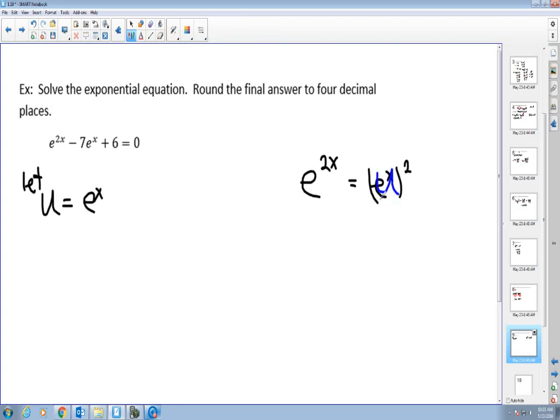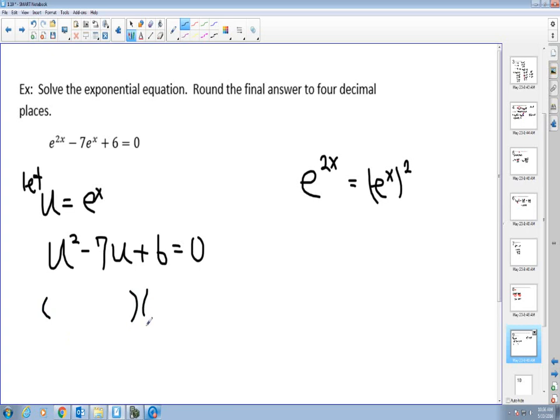So that gives me u squared. So this first term becomes u squared minus 7 times u plus 6. So now the equation I'm solving is actually a quadratic equation, because the original problem is in quadratic form. That's why I'm using the technique called u substitution, where another variable represents something in your equation.